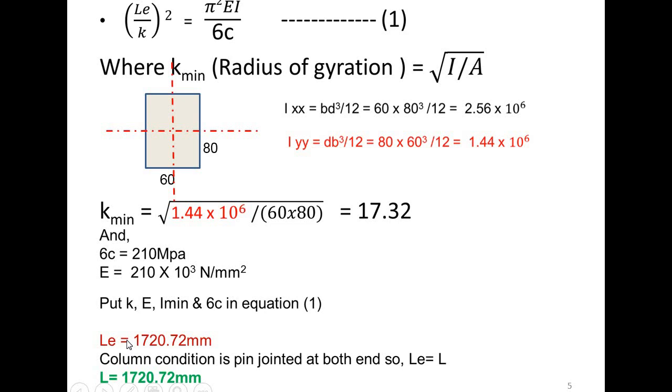So in this way we got the value LE equal to 1732 mm. This is the effective length, but for actual length, we know that for both ends pin jointed, effective length equals the original length of the column. So according to that, L also equals 1720.72 mm.